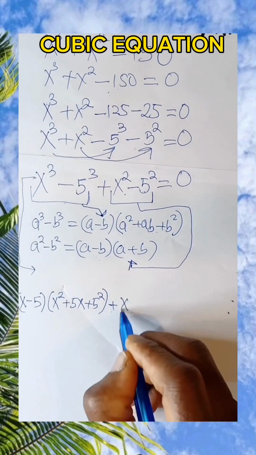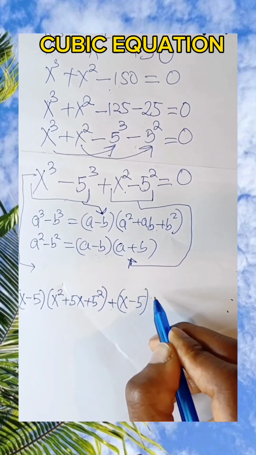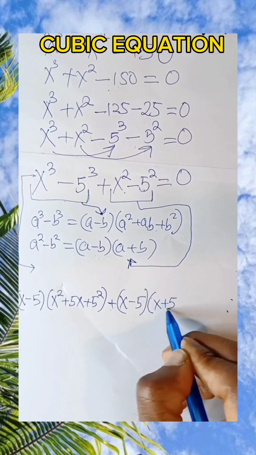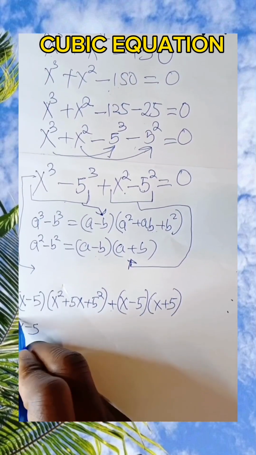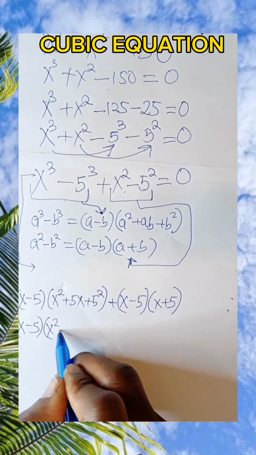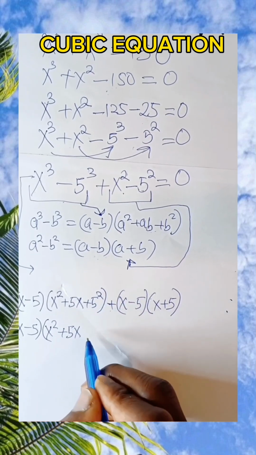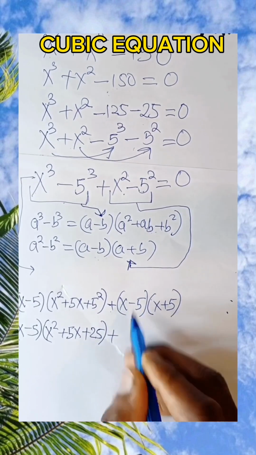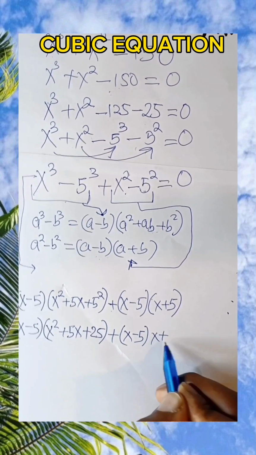We have x minus 5 times x plus 5. So we will have x minus 5 times x squared plus 5x. 5 squared will give us 25, plus x minus 5 times x plus 5.